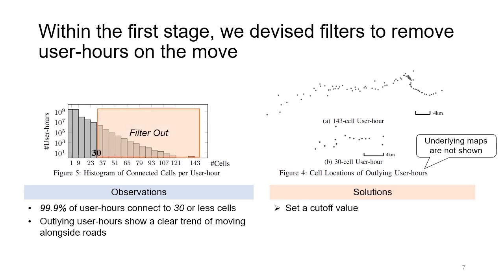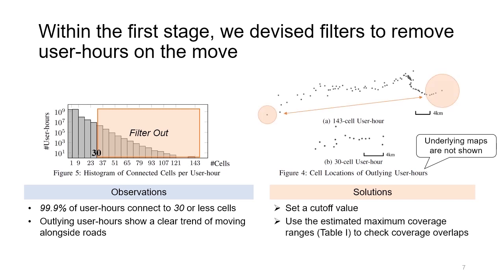First, we set 30 as the cutoff value for this particular dataset that we obtained, since it kept the vast majority of user hours. And second, we use the estimated maximum coverage range, detailed in Table 1 on the next slide, to filter out user hours within which connected cells do not have an overlap in terms of coverage. The overlay of Figure 4 gives an illustrative example.